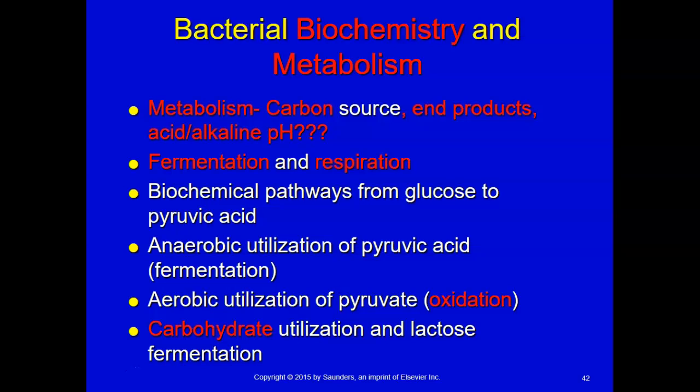Knowledge of biochemistry and metabolism of bacteria is crucial in the clinical laboratory. So we are going to stop right here and then go into the different ways that bacteria can metabolize and some of the tests that we can use. So this is the end of part 5.